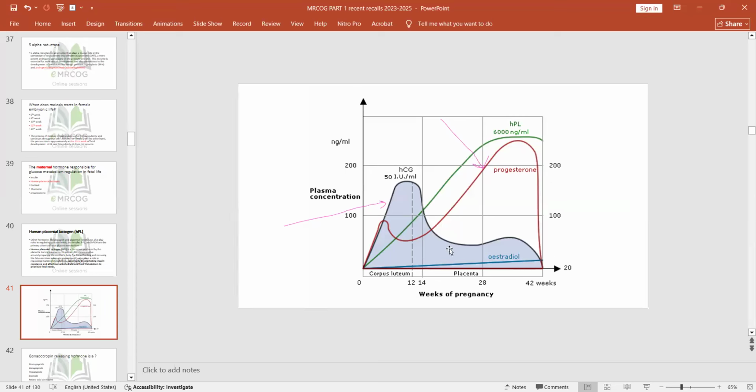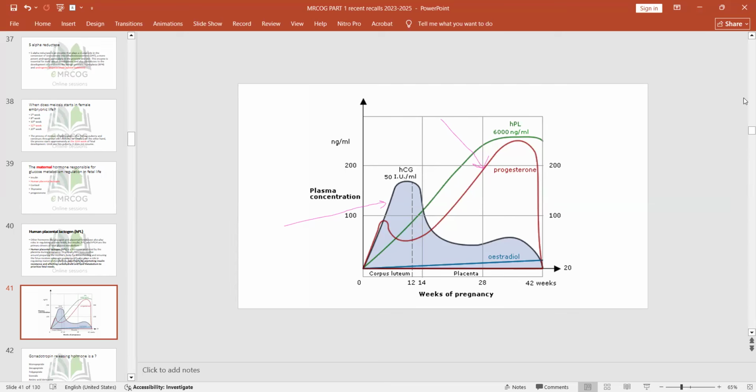Anyway, so I think this could come, or progesterone, because this is going to peak high in the third trimester and then drop just before labor. And I need this drop because I need to have labor. If the progesterone is still high, this patient is not going to get into labor, right?